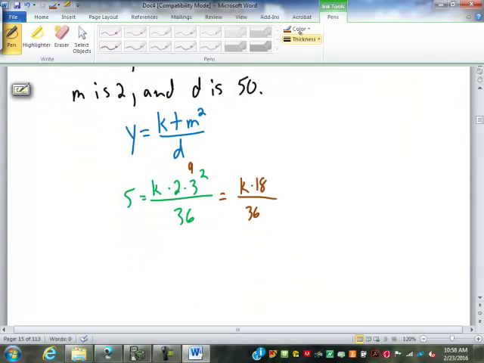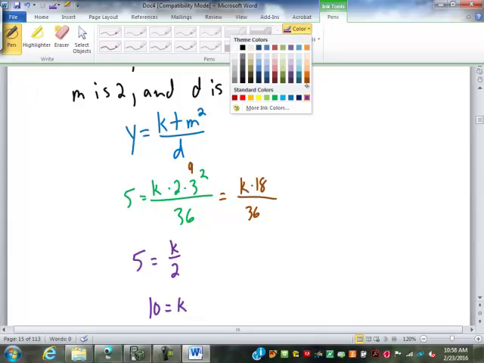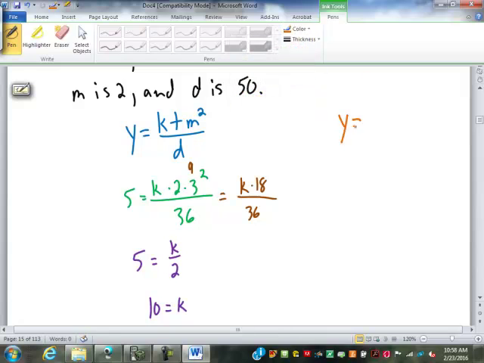Now what I would do to make it a little bit simpler on myself is I'd reduce the fraction, divide by 18, so you get just 1/2, or k over 2. Then I just multiply by 2 to get 10 equals k. So what I have now is y equals 10 times t times m squared over d.